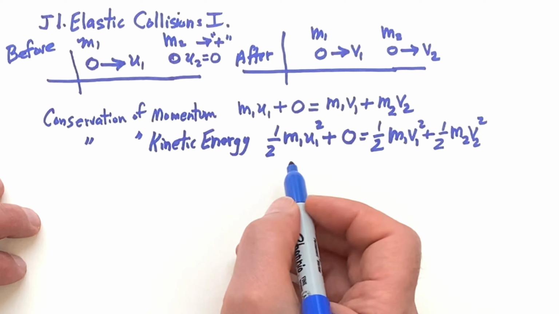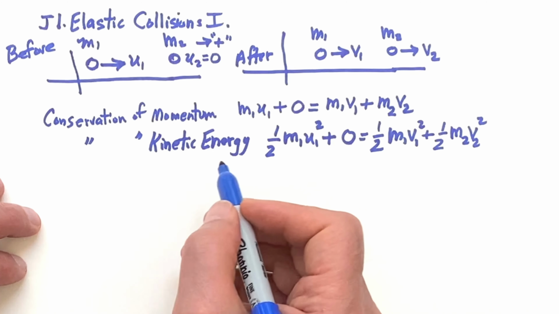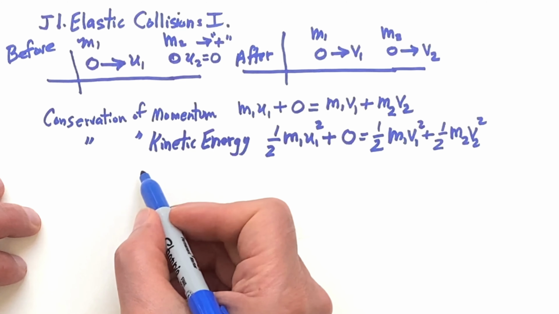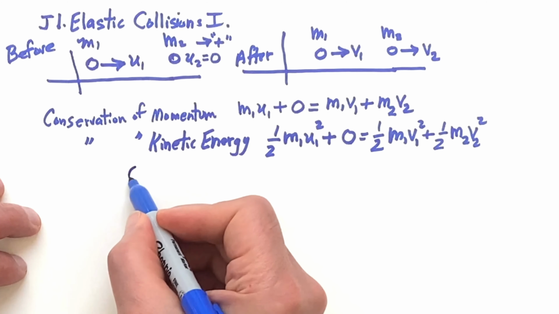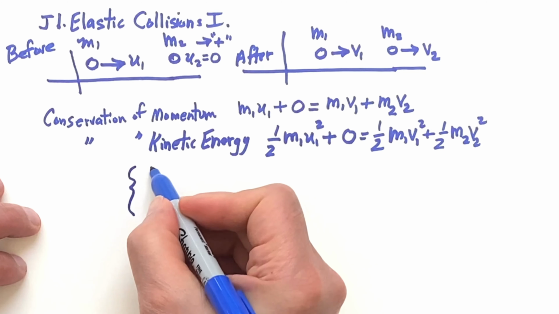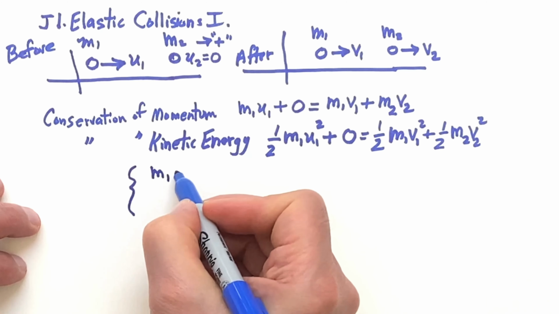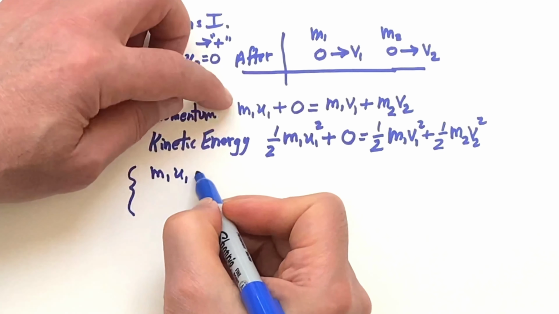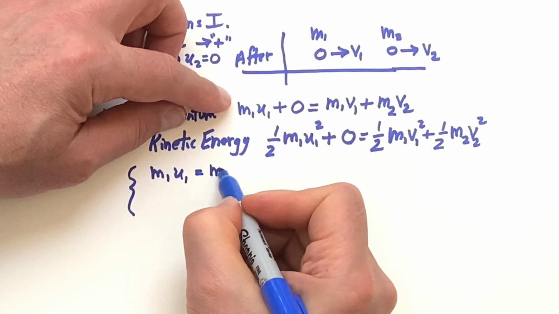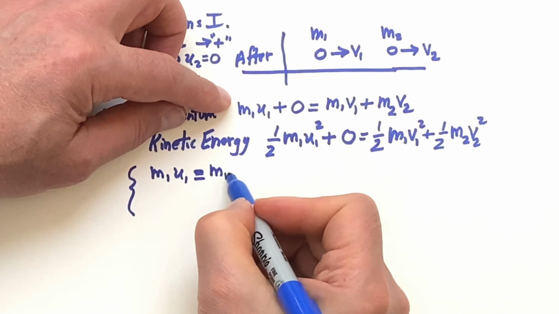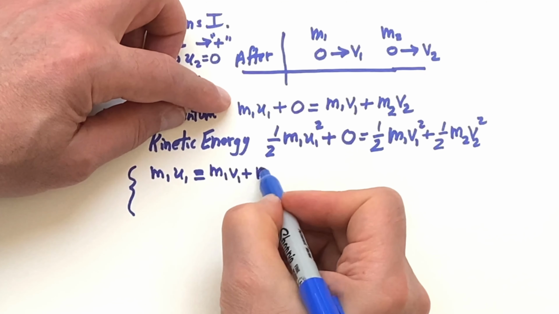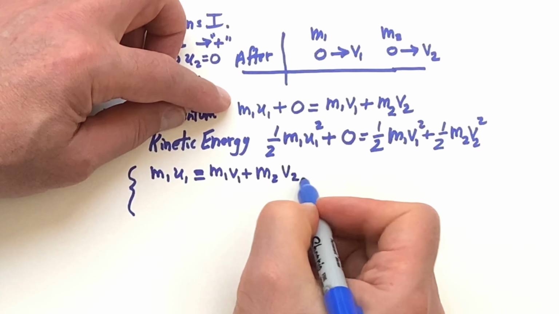So we have these two equations, and I'm going to write this pair like my friend in grad school did, with little brackets. And the first equation is M1 U1 is equal to M1 V1 plus M2 V2.